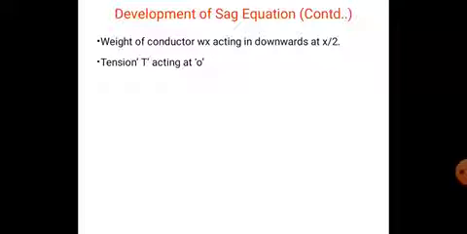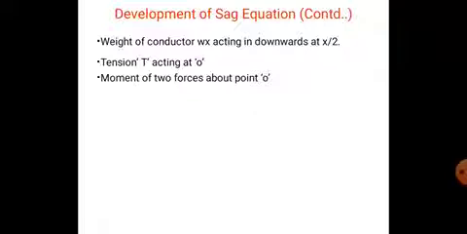The weight of the conductor is Wx acting downwards, at x by 2. The tension T also acts. Here two forces act on the sag: one is the weight of the conductor, which is always downwards, that is Wx acting at a distance x by 2, and the other is the tension T acting at O.